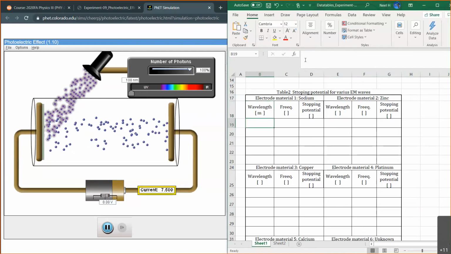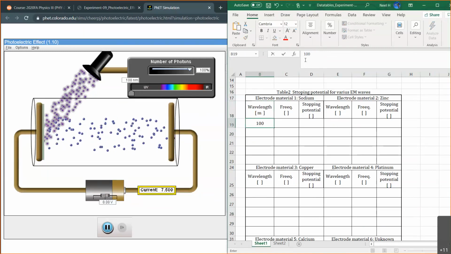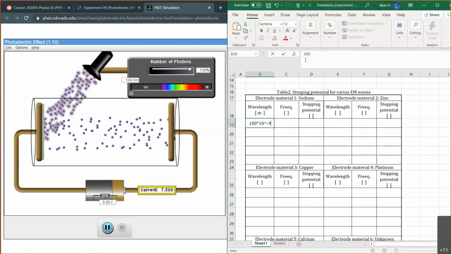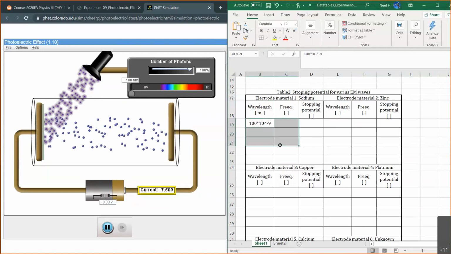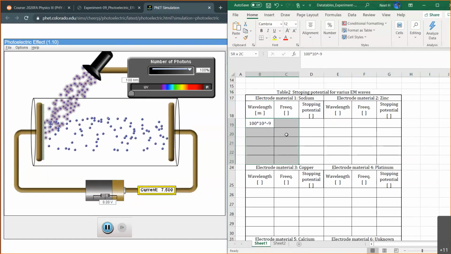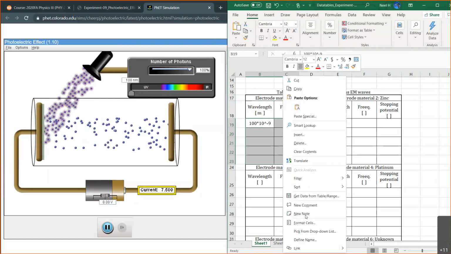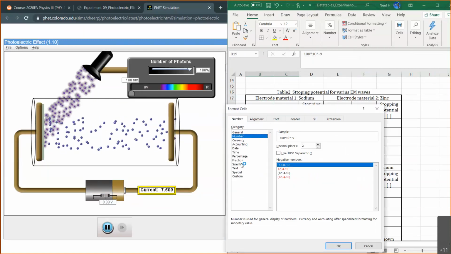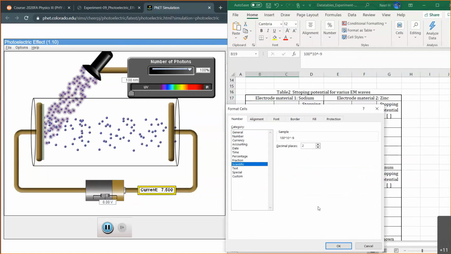wavelength in meters. 100 nanometer, I'm going to write this in scientific format. 100 times 10 to the power minus 9. But if you highlight this whole region, do that for both wavelength and frequency, and then right click, format cells, and then select the scientific with 2 decimal places.